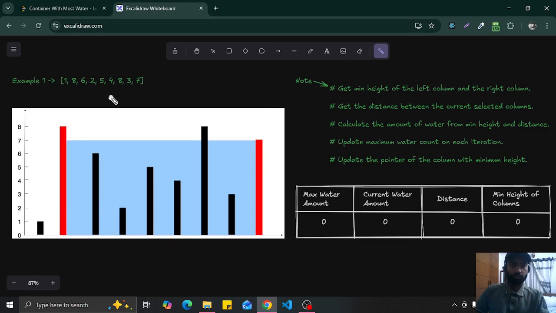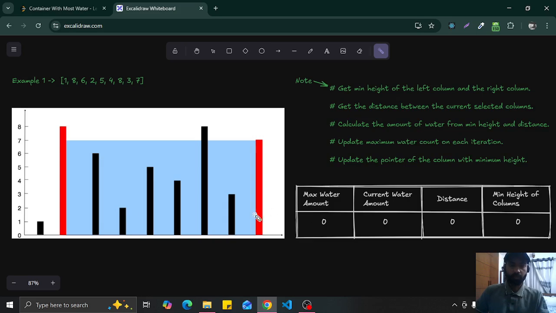So maybe it was a little hard to get at first, but maybe if we go through this step by step it will be easier to understand. Initially the maximum water amount is 0, the current water amount is 0, everything is 0.